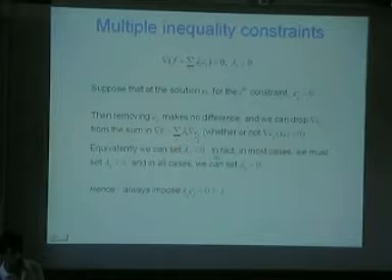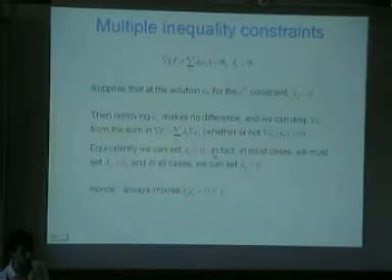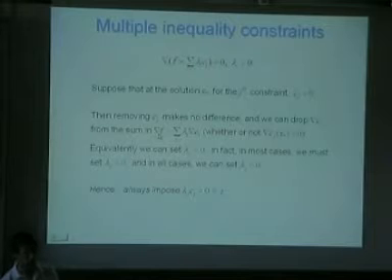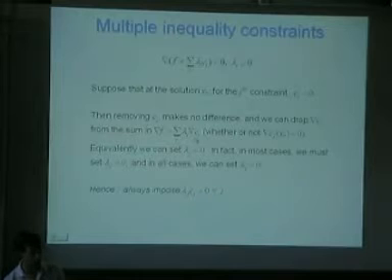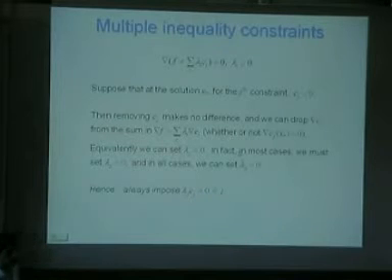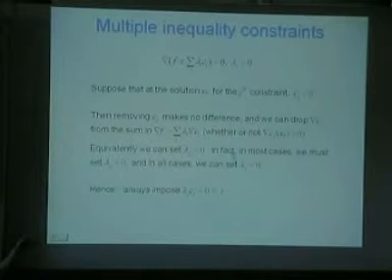So, in fact, there's a case where if the gradient of c is actually 0 at that point itself, then you could leave this in. But in most cases, you actually have to set lambda equal to 0, so that the gradient of the constraint you don't want is not in the sum. And in all cases, if this constraint is not strict, you can set lambda equal to 0, for the reason I just explained.